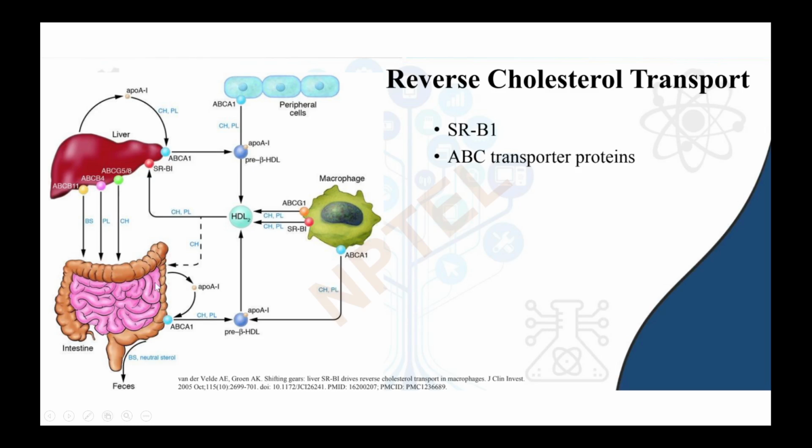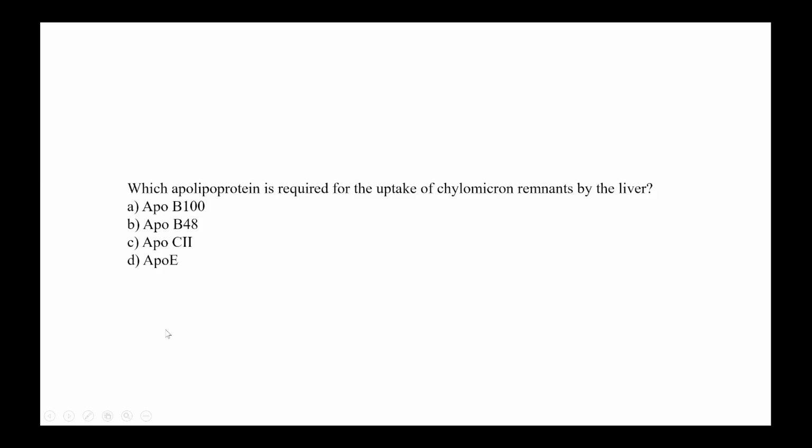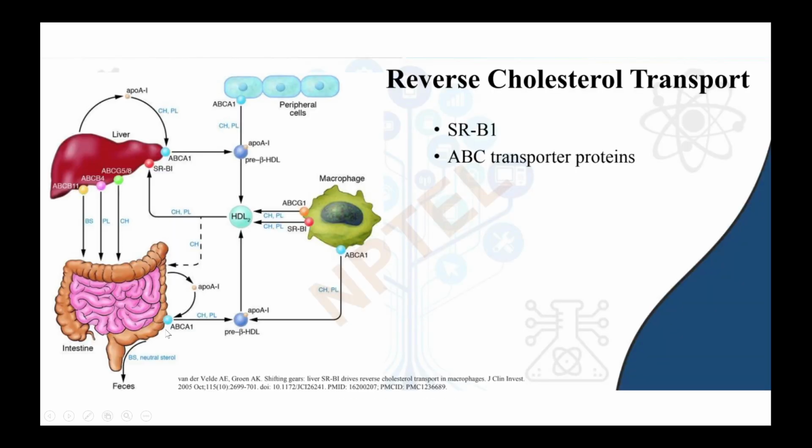But if you see in the intestinal membrane, we have this ABCA1 which transports the cholesterol from the intestine to the pre-beta HDL. So basically ABCA1 in the extrahepatic tissue is acting as a cholesterol transporter to the liver. ABCA1 transports the cholesterol from the extrahepatic tissue to the liver via HDL2.